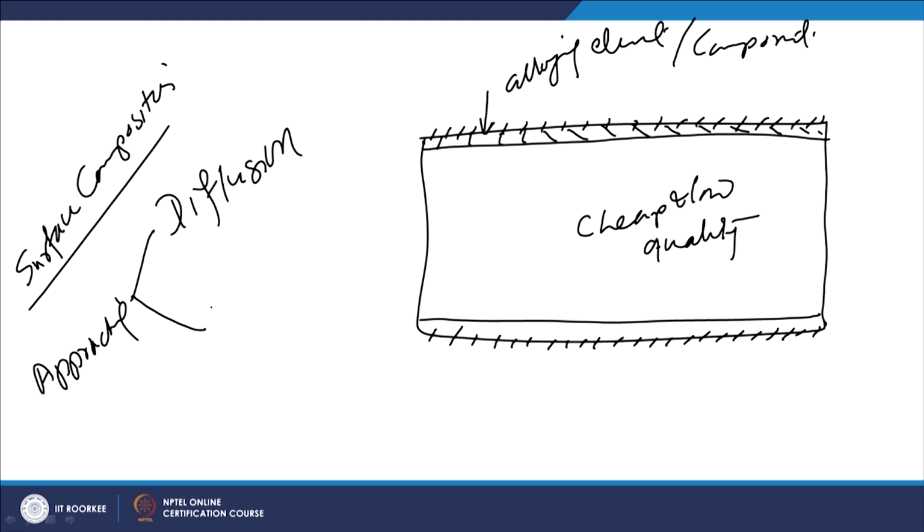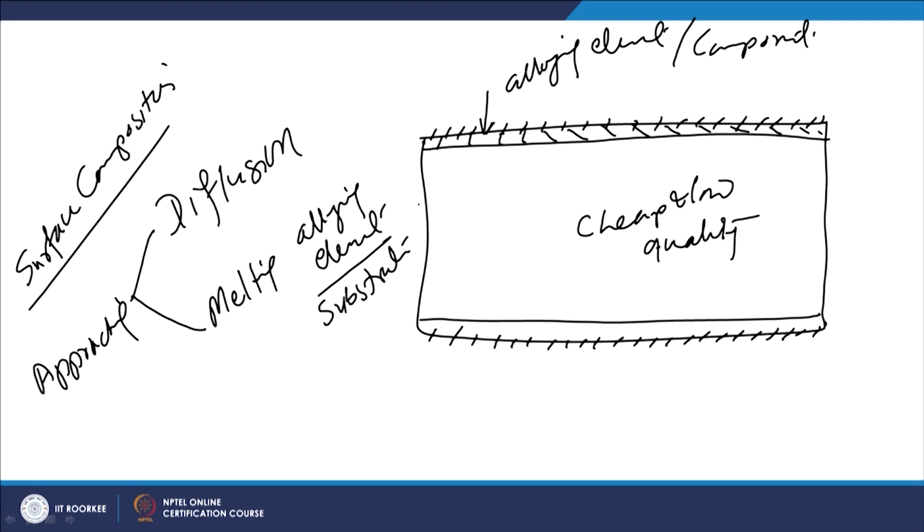And there is another approach where melting of the alloying elements as well as the substrate, both, is used to introduce the elements at the surface layers. So, whenever we add these alloying elements from outside, either using diffusion or melting, the enrichment of the elements in a controlled way at the surface and near surface layers can work in different ways.